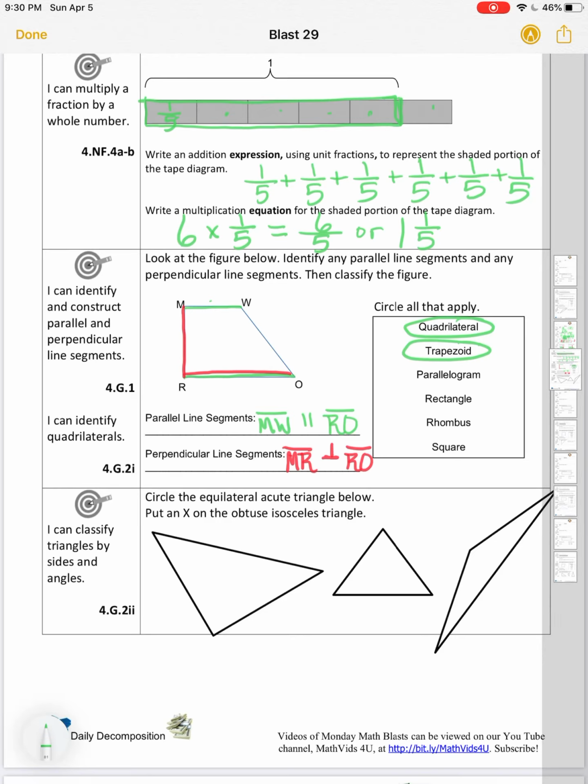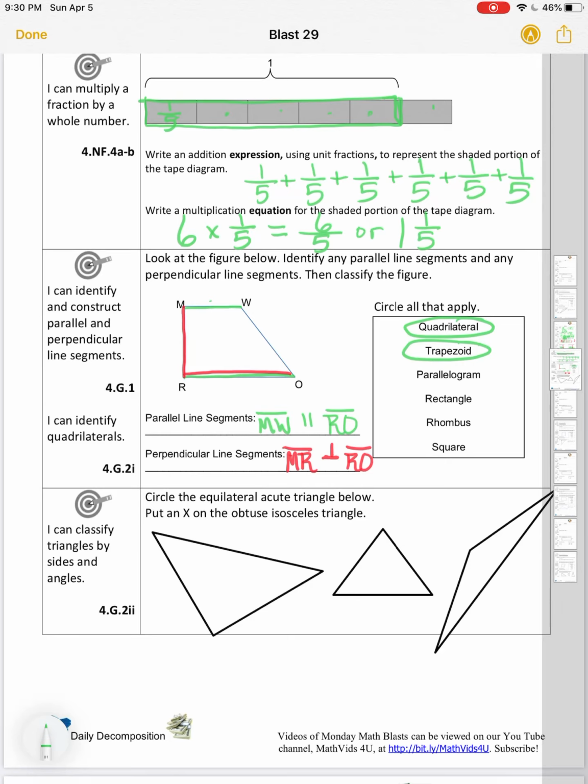Our figure does not have two pairs of parallel sides. And to be a rectangle, a rhombus, or a square, we would have to have a parallelogram. So the most specific name for our figure is a trapezoid because it has one pair of parallel sides, or I should say at least one pair of parallel sides.